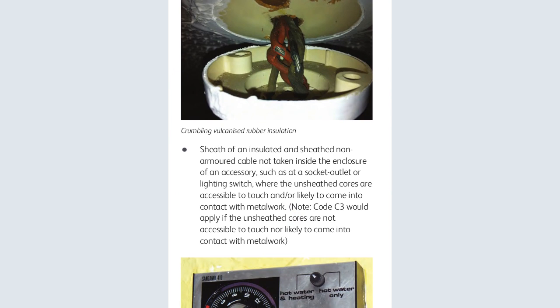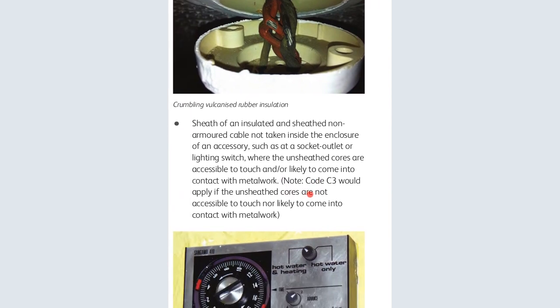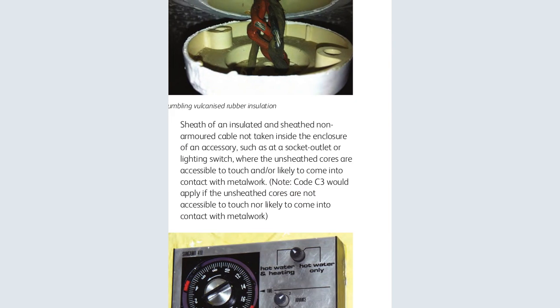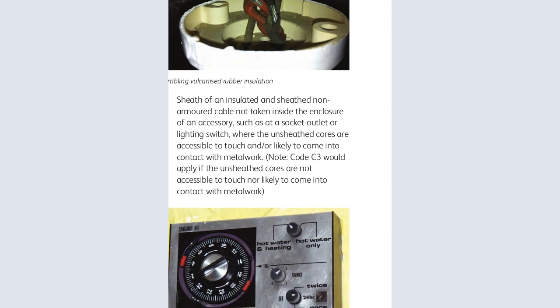So, the sheath of the insulation of a sheathed non-armored cable not taken inside the enclosure of an accessory, such as a socket outlet or a lighting switch, where the unsheathed cores are accessible to touch and/or likely to come into contact with the metalwork. Note that code 3 would apply if the unsheathed cores are not accessible to touch or likely to come into contact with the metalwork.